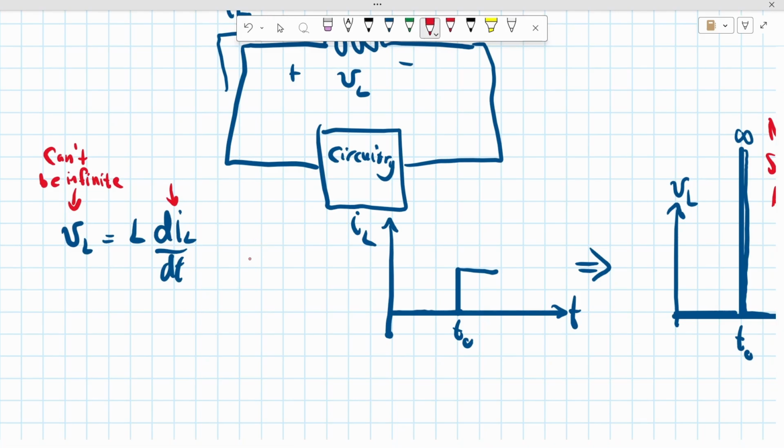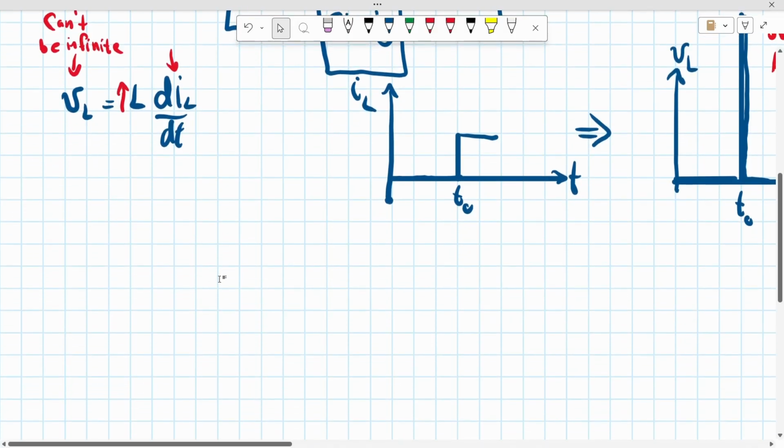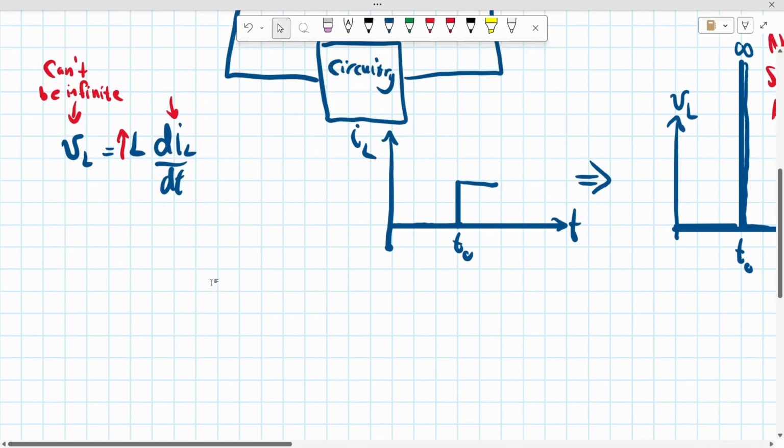And the higher the inductance, the harder this current can change fast, or the more resistant this inductor is to its current changing faster. Right?